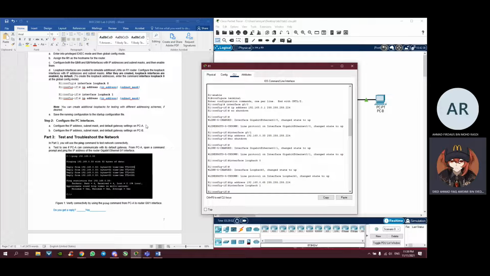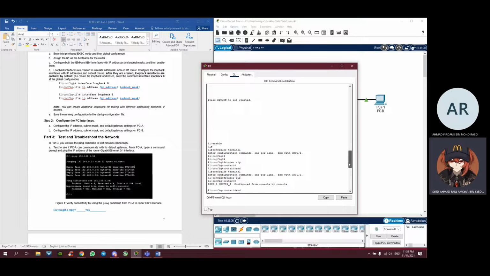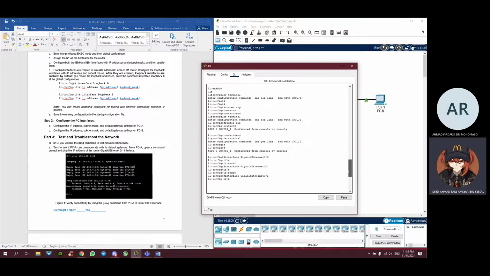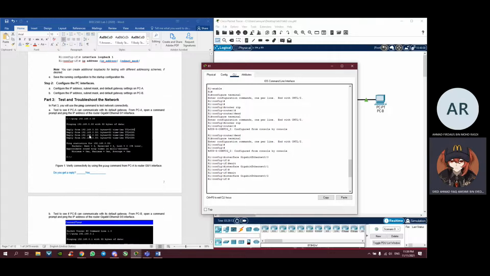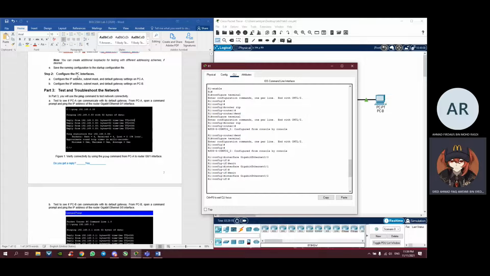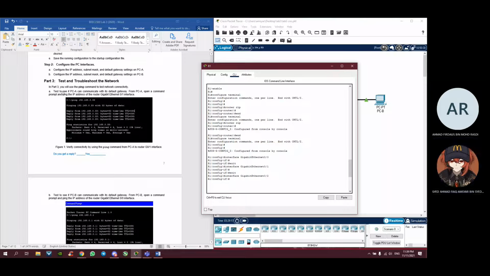Configure the subnet default gateway setting in the router. And then for part 3, after we are done with the configuration, we need to test and troubleshoot the network.